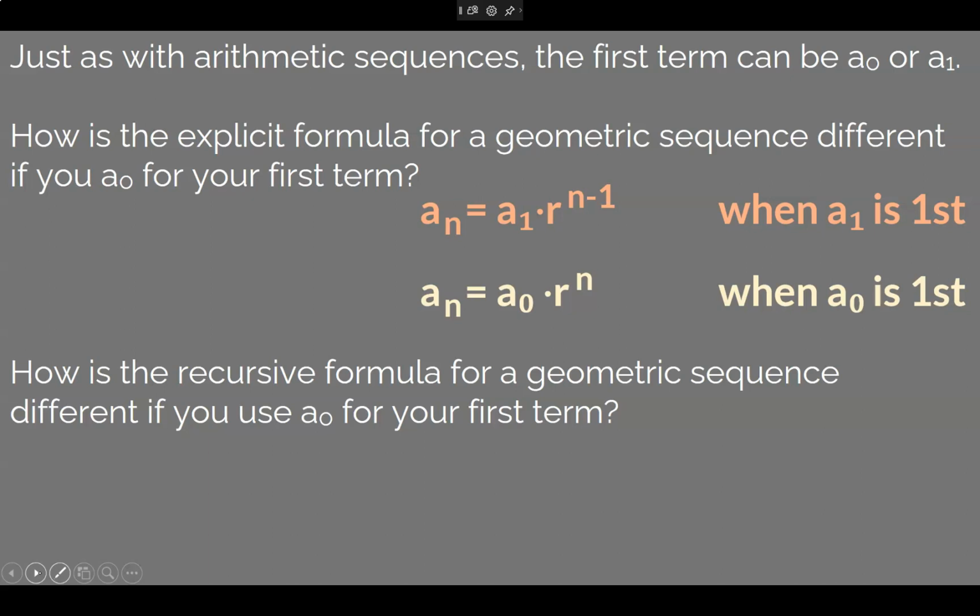Do I have a second recursive formula? No, because recursive doesn't matter about the first term. It doesn't care. Recursive only cares about what happened right before it. So now we have all of our formulas to work with.